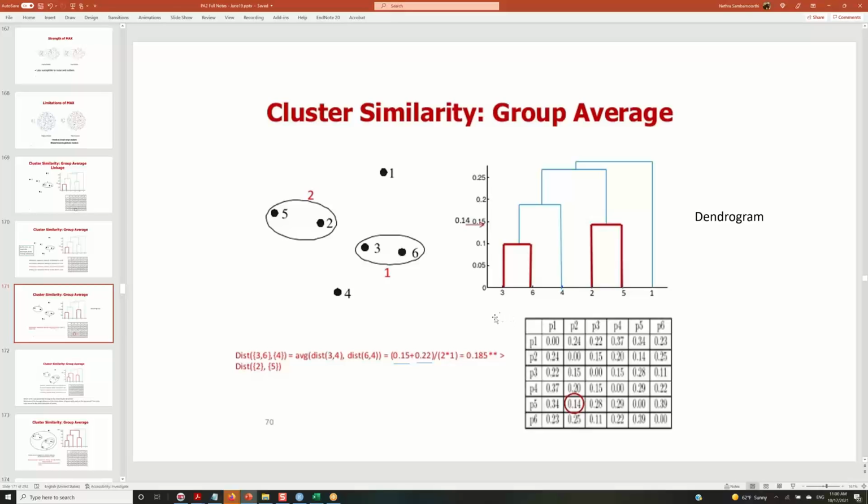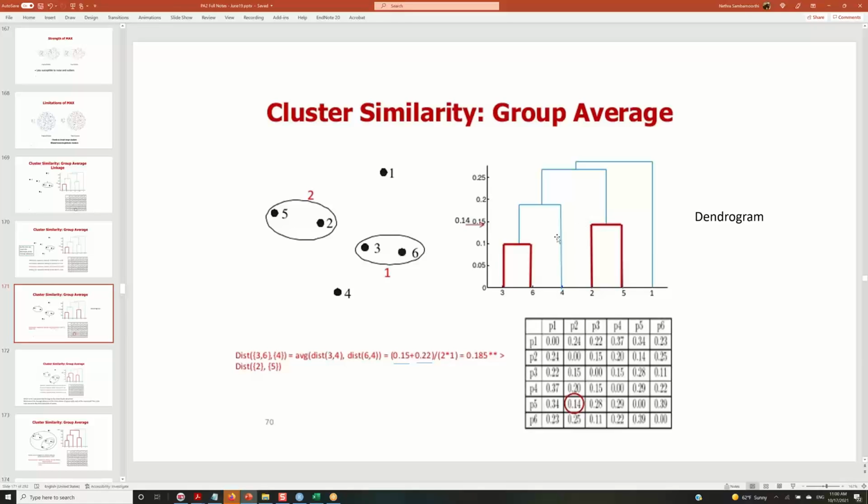Before other points, 3 and 6 is at distance 0.18. But at 0.18, you will join 4 with 3 and 6. That is the lowest. But there is also something happening between 2 and 5 before even 0.18 is joined. That's why this has to come together first. And that is happening at 0.15.